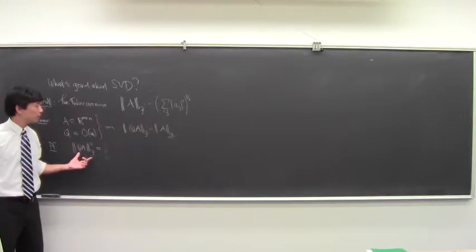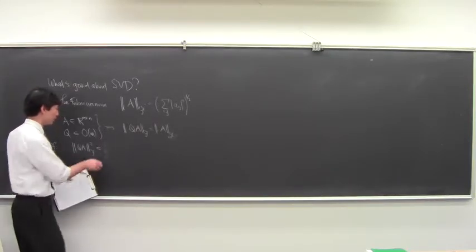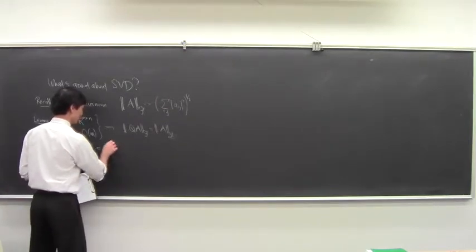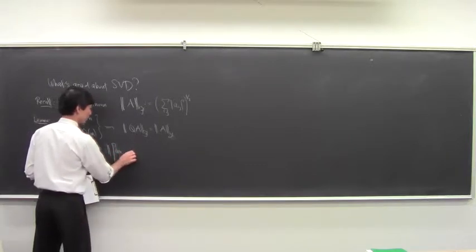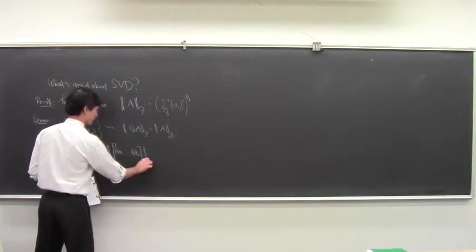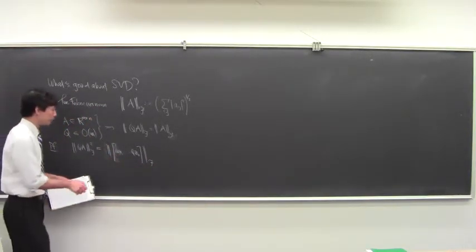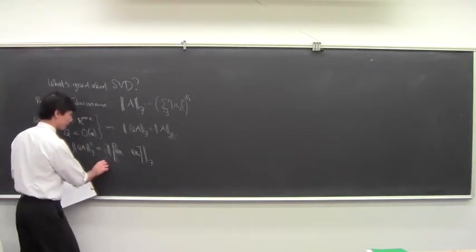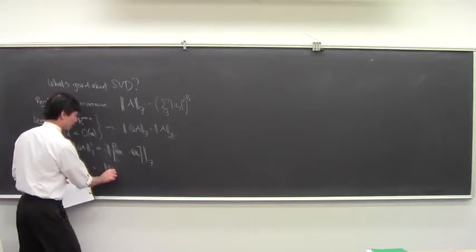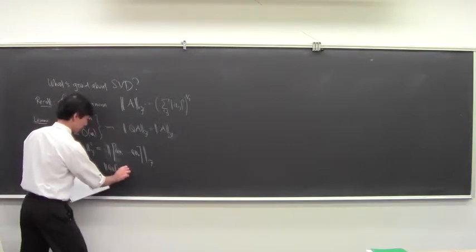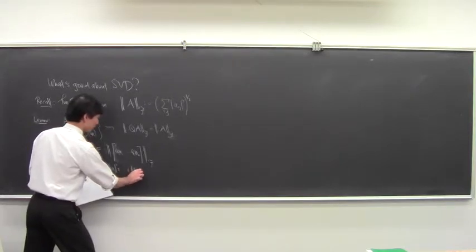If we write it as the matrix with columns QA1 through QAn, that's going to be the norm of the vector QA1 squared plus the norm of the vector QAn squared.